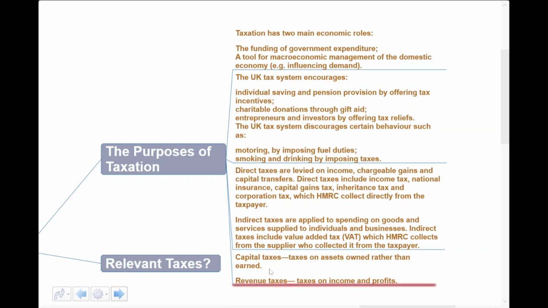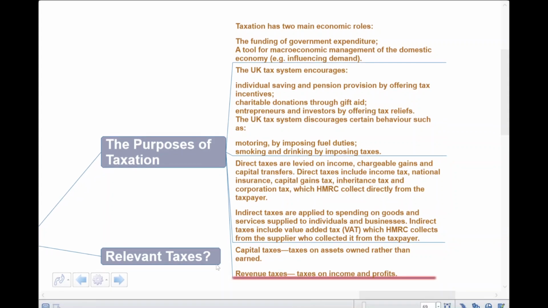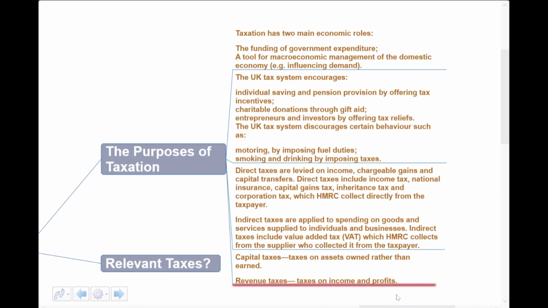Another important distinction is capital versus revenue taxes. This is the easier one, I guess. Revenue taxes are those that pertain to people's earnings, such as self-employed individuals, let's say a plumber, or someone offering services, an accountant, a tax advisor, etc. Those are revenue taxes, taxes on incomes and profits.